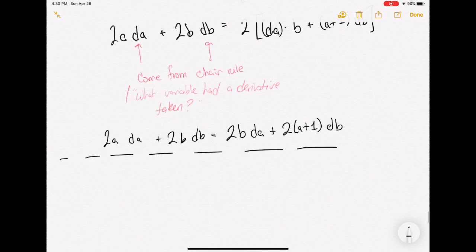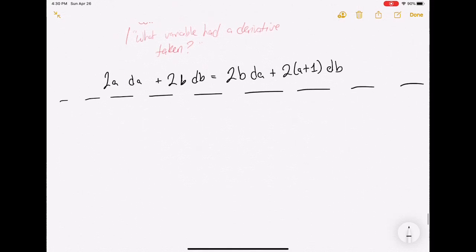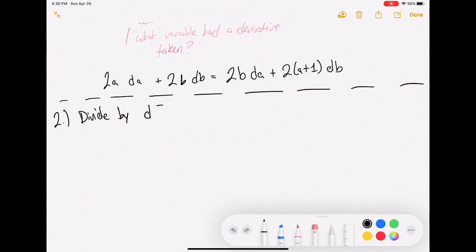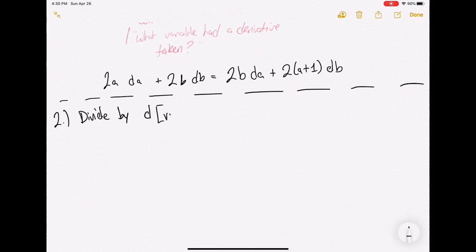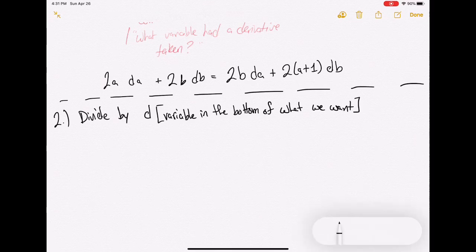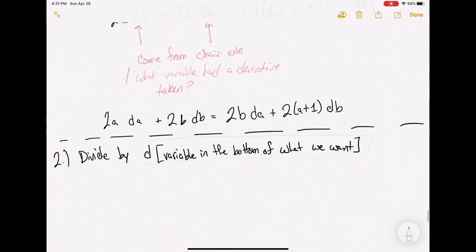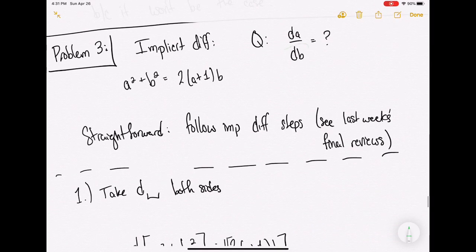Step 2, divide by d of the variable in the bottom of what we want. In this case, what is that? Right there, dB.